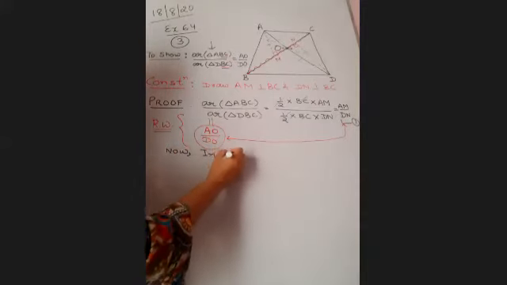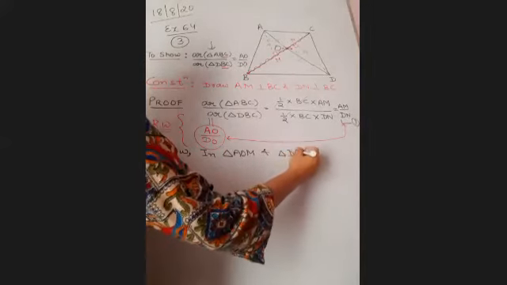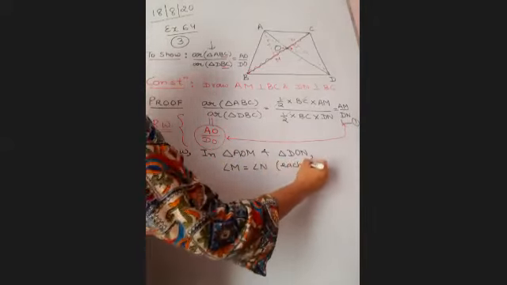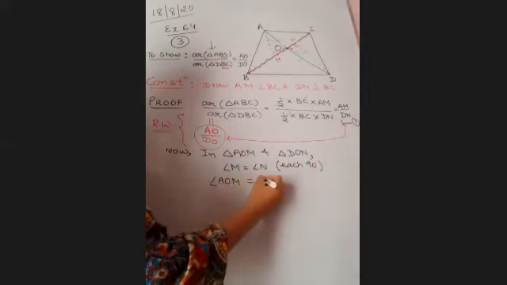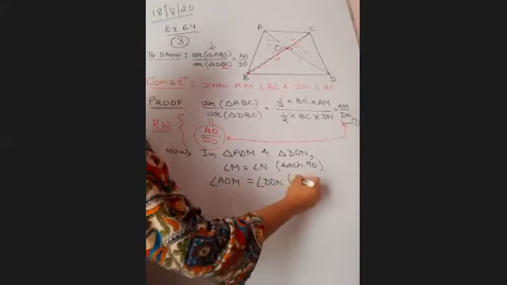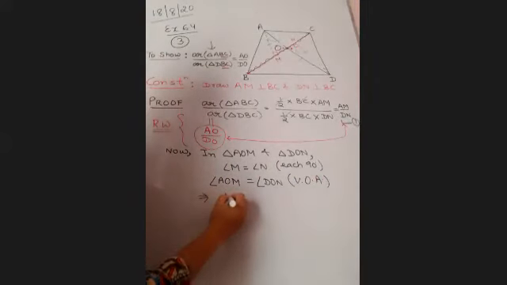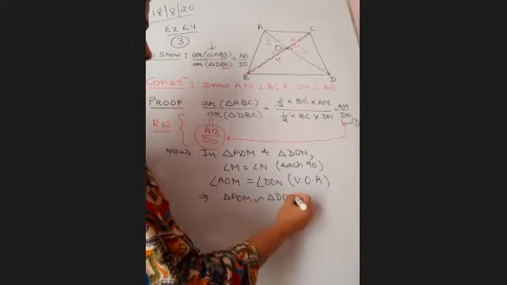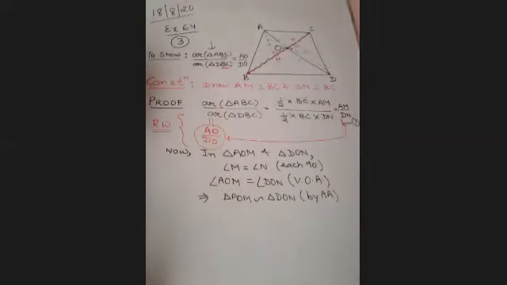So now, in triangle AOM and triangle DON, angle M is equal to angle N, each 90 degrees. Angle AOM is equal to angle DON, vertically opposite angles. So this gives me that triangle AOM is similar to triangle DON by AA similarity.